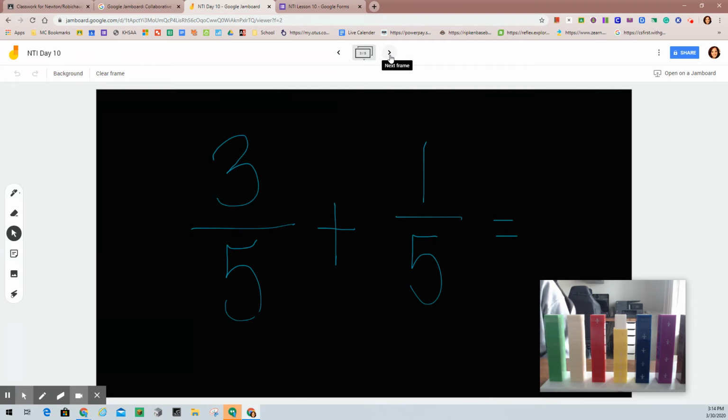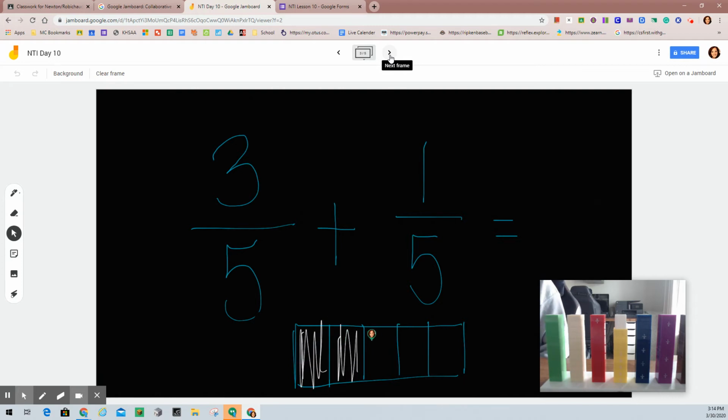All right, I have 3/5 plus 1/5. All right, I'm going to go ahead and draw a bar. 1, 2, 3, 4. Okay, and I'm coloring in, I don't want to do black, let's do black. Coloring in 3/5. So there's my 3/5, that's what I'm starting with. And I add in 1 more 5th.